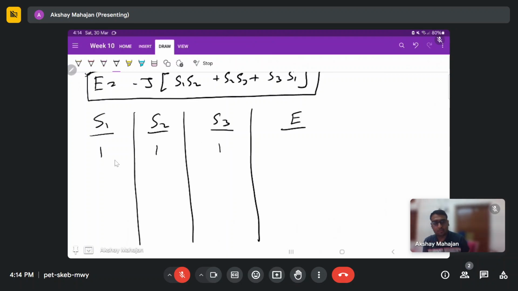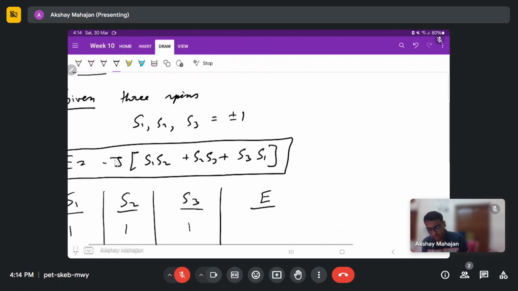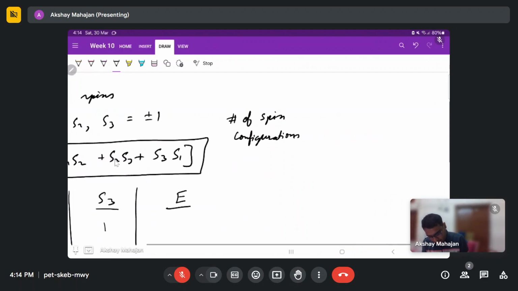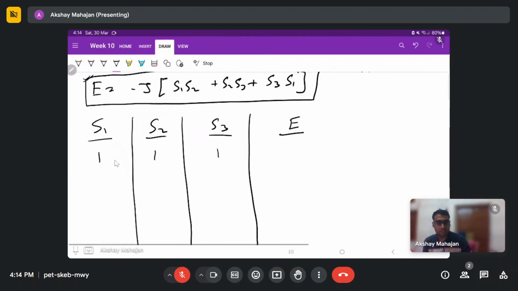As we have seen in the previous session as well, there are going to be 2 values for S1, 2 values for S2, 2 values for S3, so 2 times 2 times 2, a total of 8 spin configurations.